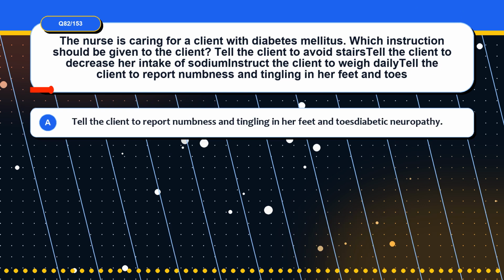Question 82. The nurse is caring for a client with diabetes mellitus. Which instruction should be given to the client? Tell the client to avoid stairs. Tell the client to decrease her intake of sodium. Instruct the client to weigh daily. Tell the client to report numbness and tingling in her feet and toes.